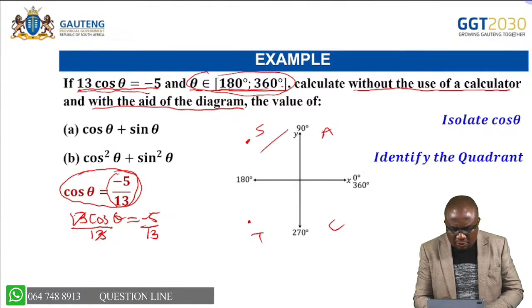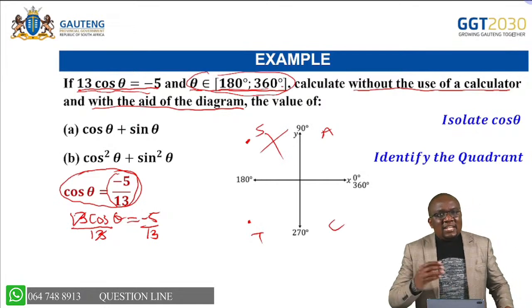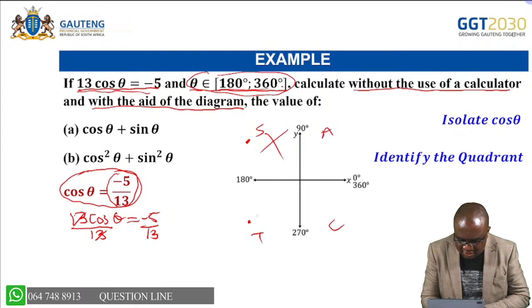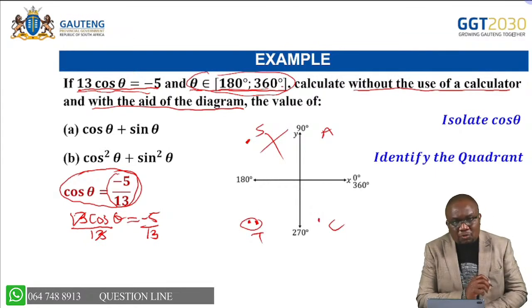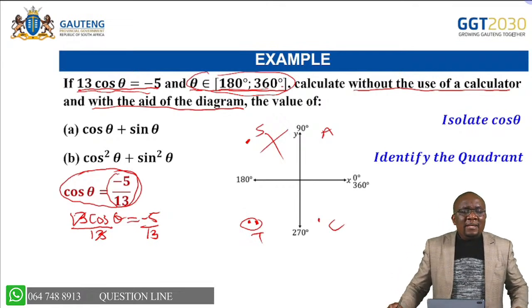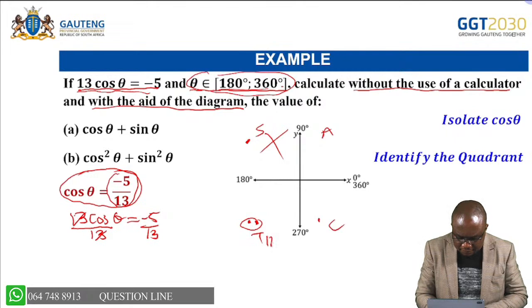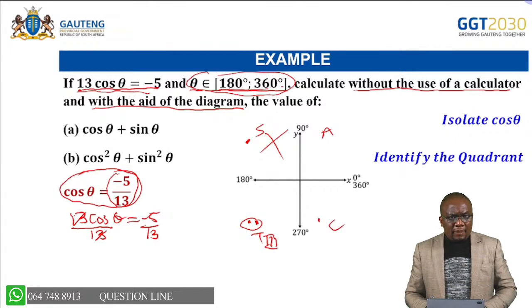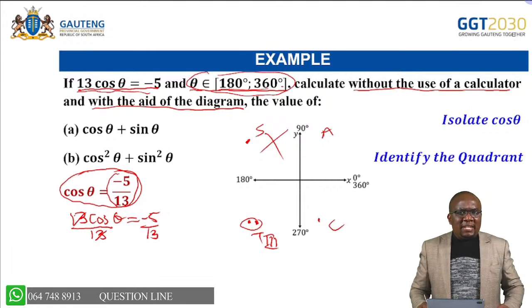So this one is out because those angles are less than 180. So now 180 and 360, it means quadrant 3 and quadrant 4. So this is the quadrant we're looking at. Our terminal ray must be in quadrant 3. You see that? We have identified our quadrant. Then now we can draw our terminal ray.